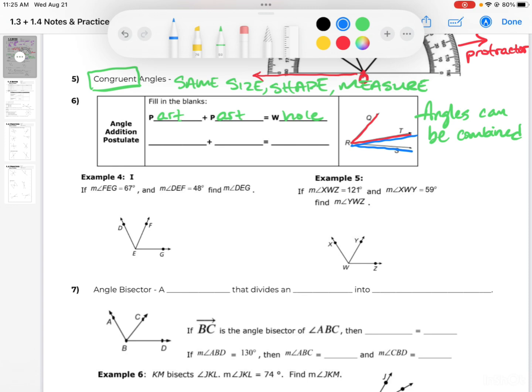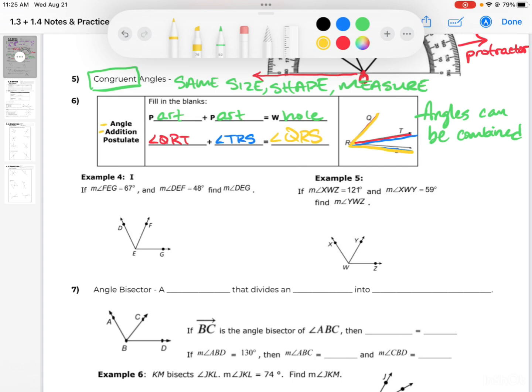The one in blue is angle TRS, and the one in red is angle QRT. Together, they make one bigger angle, QRS. And so those angles that were added, angle addition.